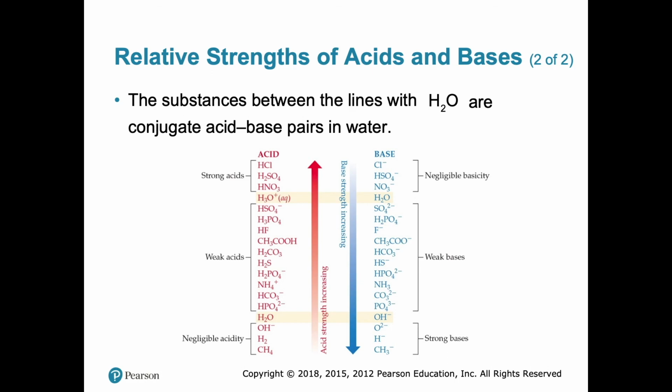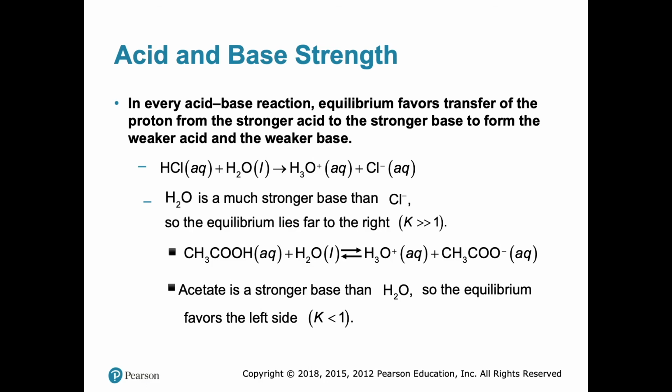So that's a little chart there to explain what I was talking about before when I was saying water line and hydronium line, right? So in every acid-base reaction, equilibrium favors the transfer of a proton from the stronger acid to the stronger base to form a weaker acid and a weaker base.